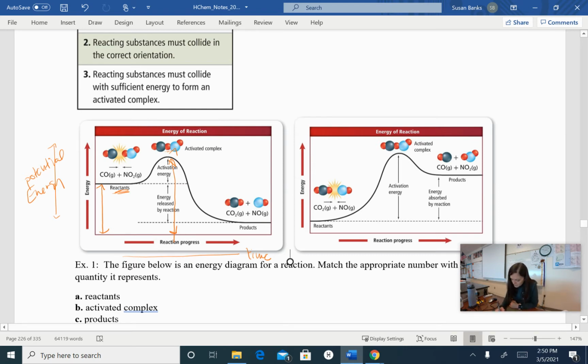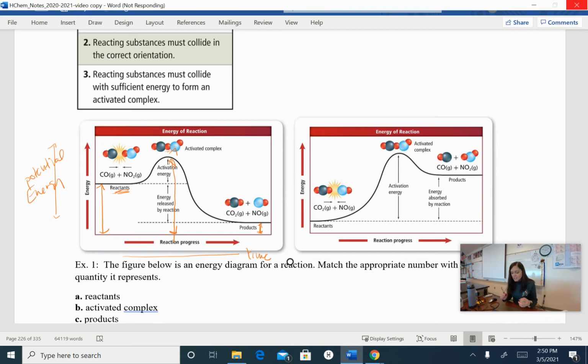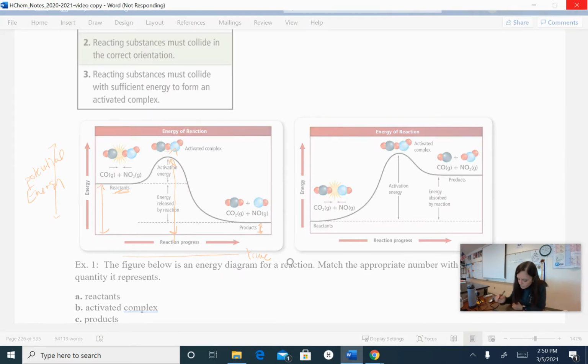Okay, this right here is the potential energy of our products. Okay, so we've got potential energies. Notice that our potential energy of our reactants is much bigger than our potential energy of our products. That means we've actually put energy to the outside of this system. So this is what we would call an exothermic reaction. Okay, we are releasing energy when this reaction happens. Okay, so this is an exothermic reaction.